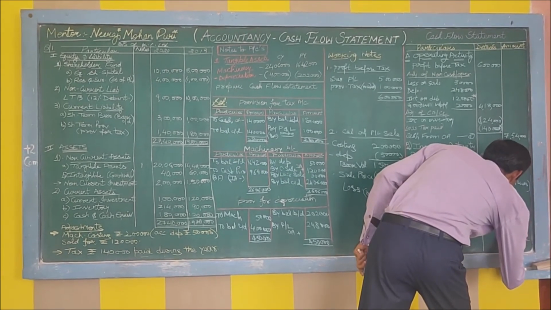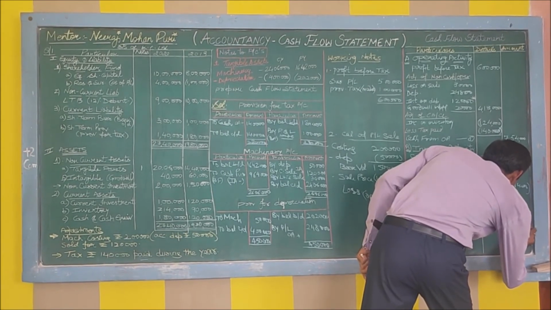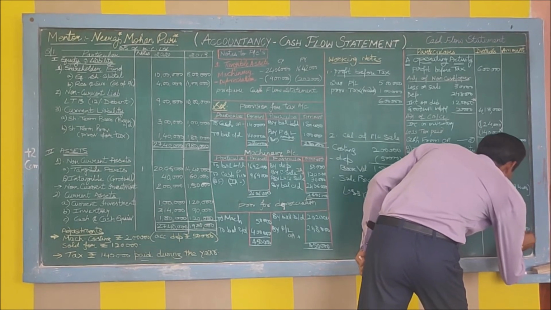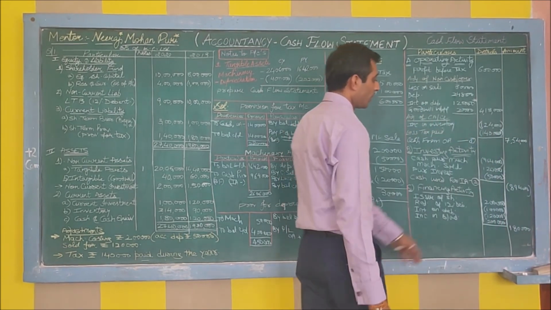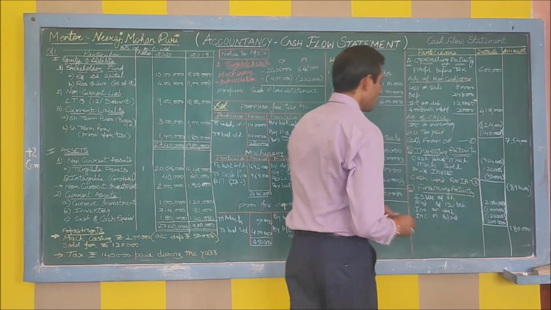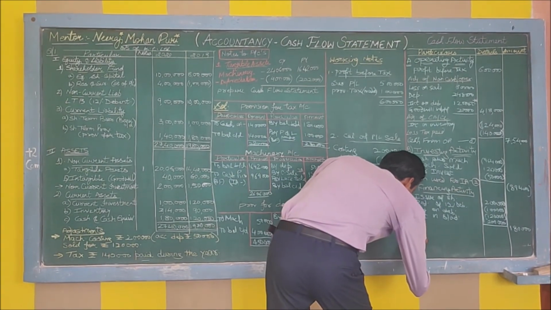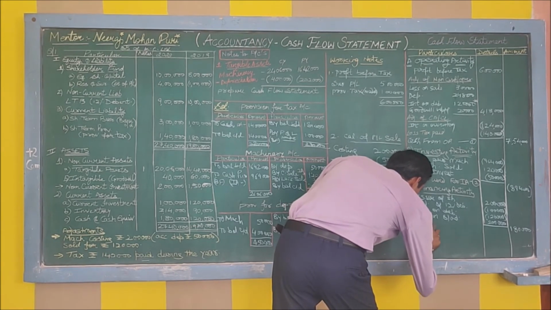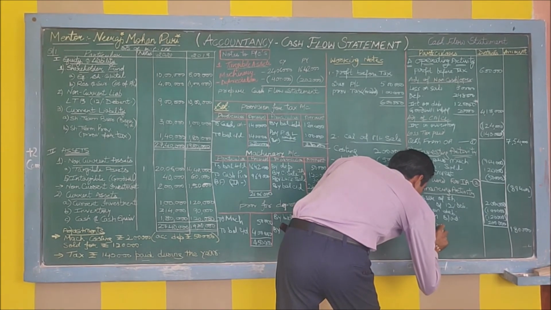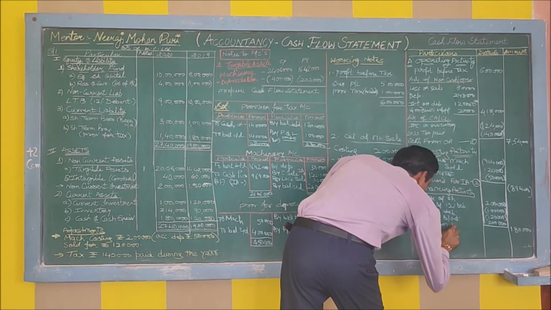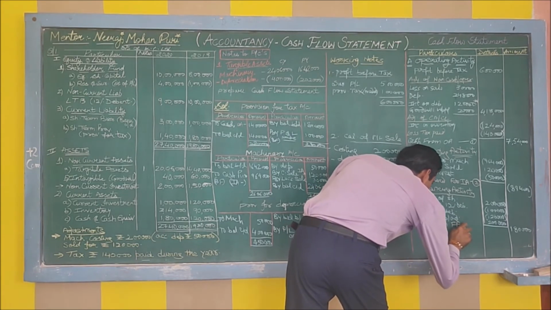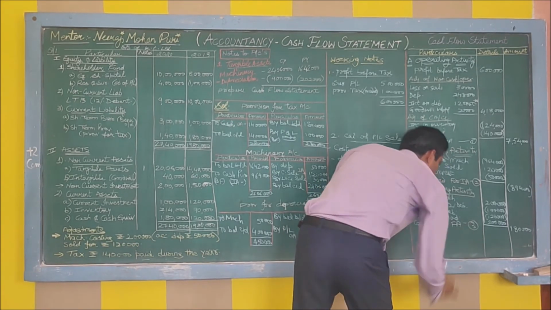This indicates this is net cash inflow. Positive 1,80,000. We have inflow from financing activity, which will be written as cash from financing activity. Equation number 3.